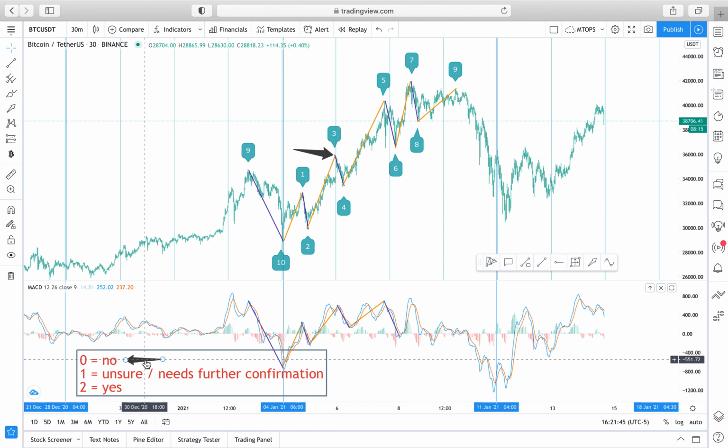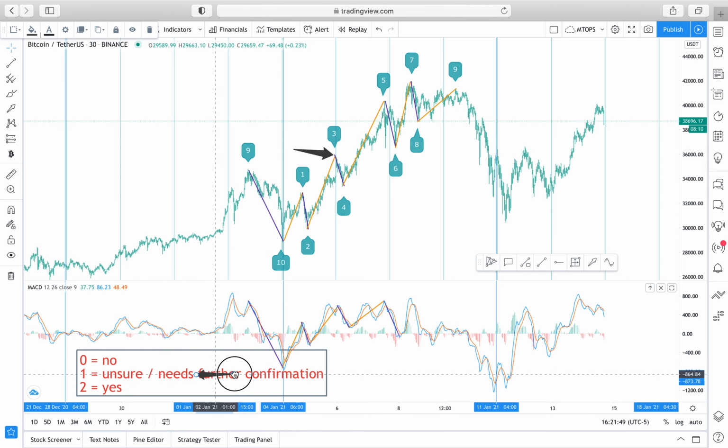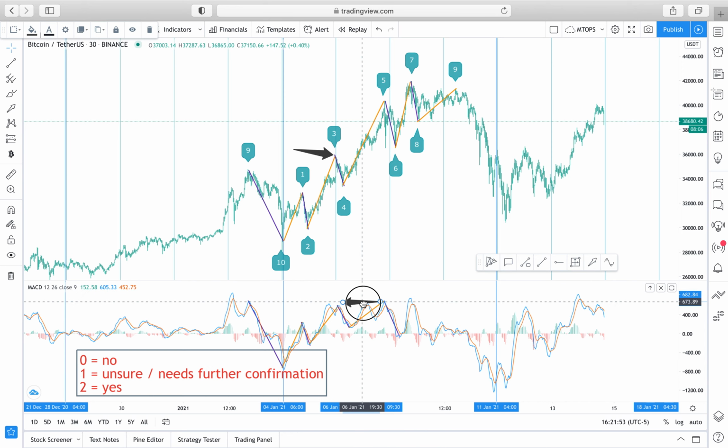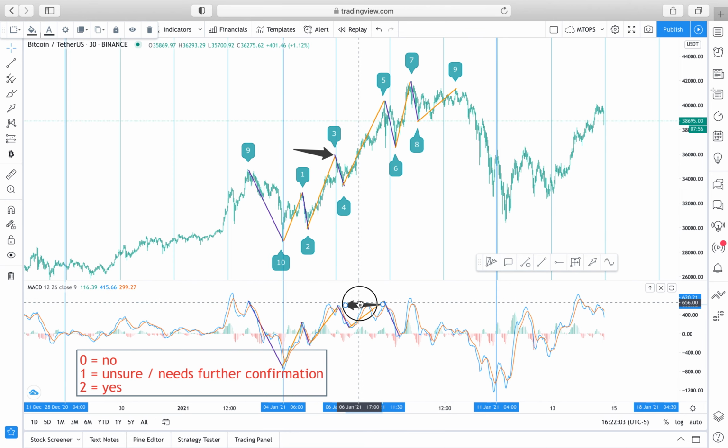Okay, so now we're going to look at number 1, unsure or needs further confirmation. So this is when you come to these little areas such as this. It's come up, it's had a slight little dip, and it continues to go up again. Now it's difficult to tell this ahead of time, and this is again when you're going to utilize your time projection and your price projection tools, your market structure, as well as your support and resistance to help you out here.